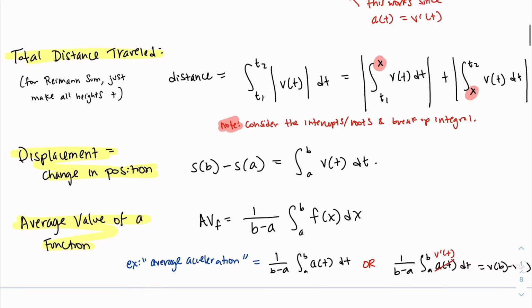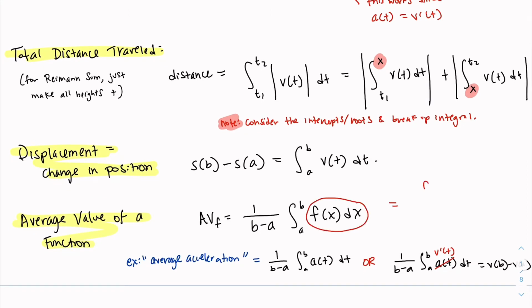Finally, if I ask you for the average value of a function, of any function, that's the same thing as taking the integral of that function and dividing by b minus a. For example, if I say find the average acceleration, then you're taking the integral of acceleration, and we read it as the average acceleration.